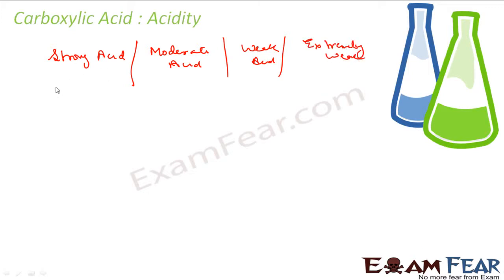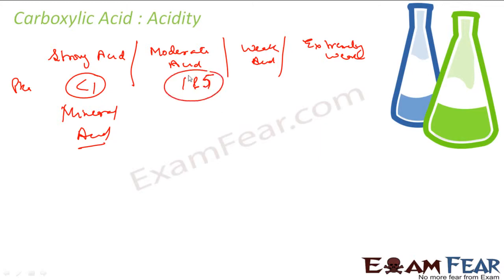For strong acid, normally the pKa value is less than 1, and they are generally mineral acids. Moderate acids are between 1 and 5, weak acids between 5 and 15, and extremely weak is more than 15. That is the range, right?